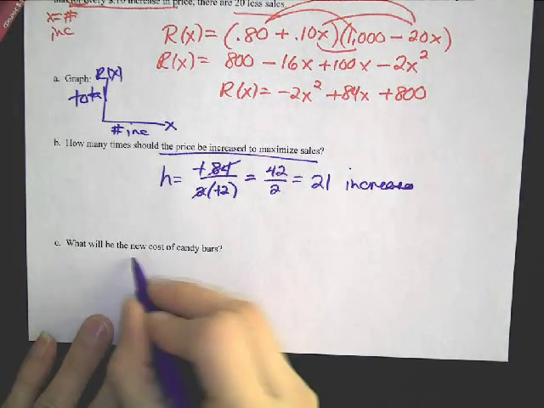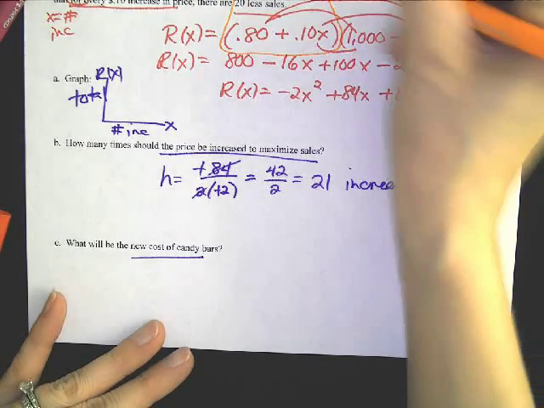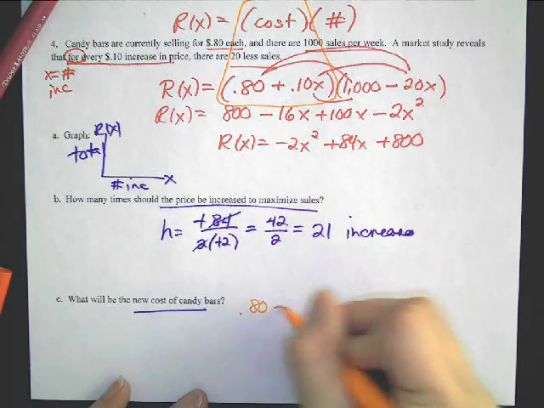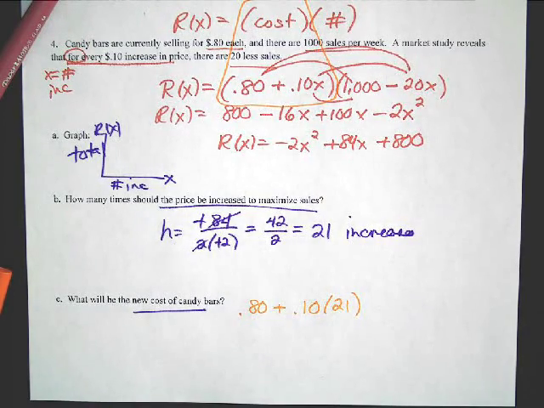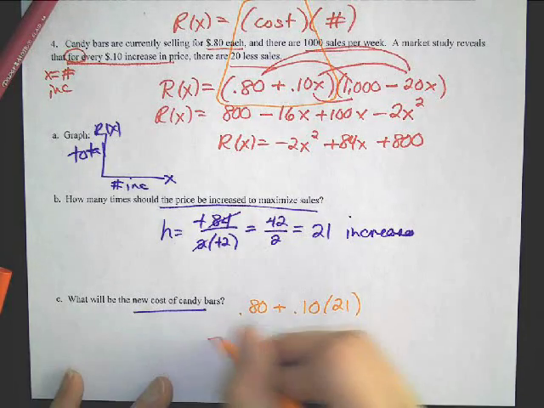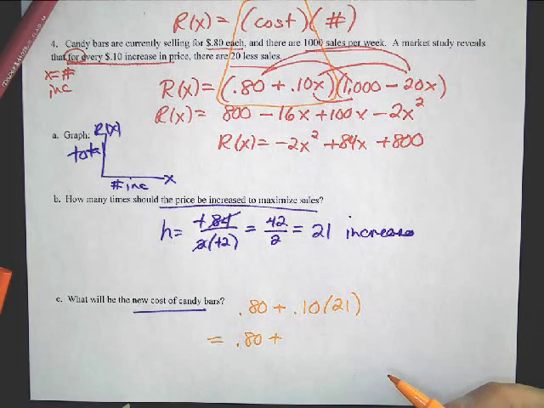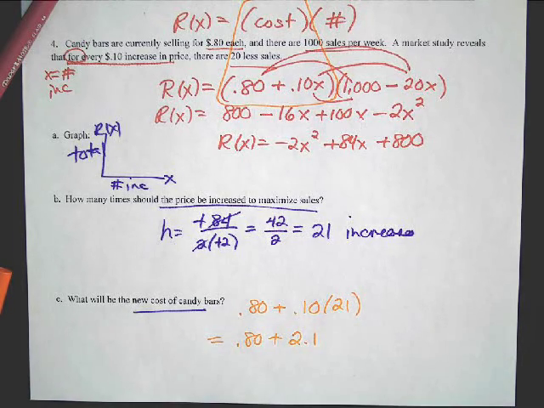Wow, I really want to charge a lot for these candy bars. What's the new cost of the candy bar going to be? So if I take a look at cost right here, some people like the equation. Some people just like to do the thinking method. I know it's 80 cents, and I'm going to take that dime and increase it 21 times. So 80 cents plus 2.1.